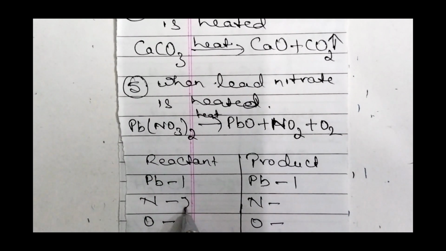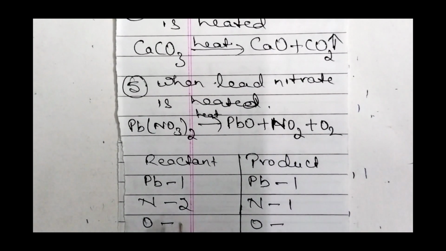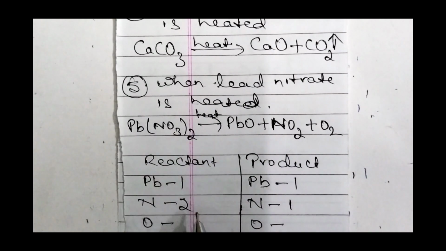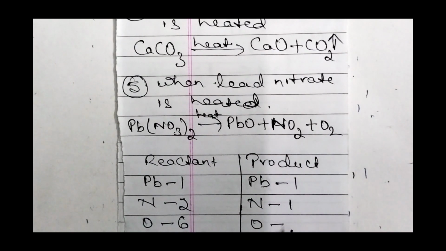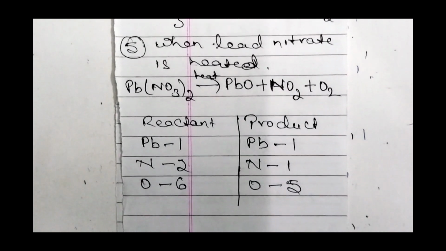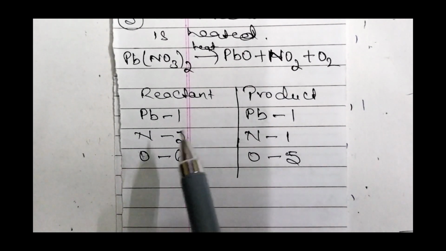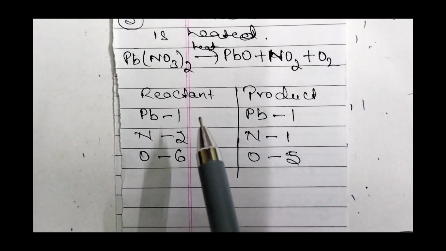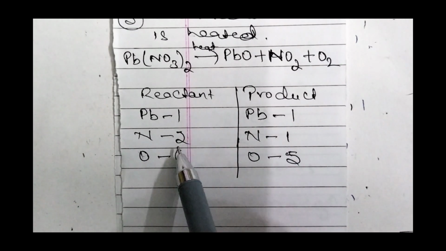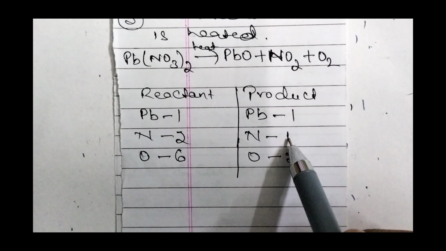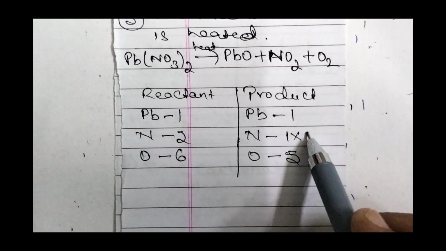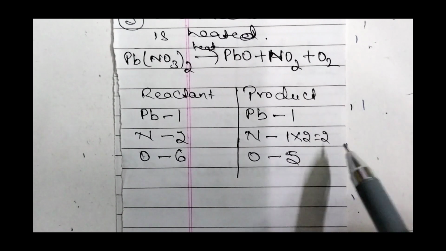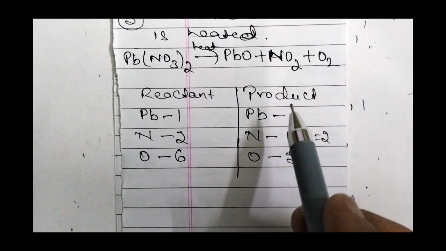Nitrogen 2, here nitrogen 1. Oxygen: 3 twos are 6, here oxygen 1 plus 2 plus 2, it will become 5. Lead is already balanced. Now let us balance nitrogen. Here 2 nitrogen, here 1 nitrogen. Therefore 1 is multiplied by 2, we will get 2.